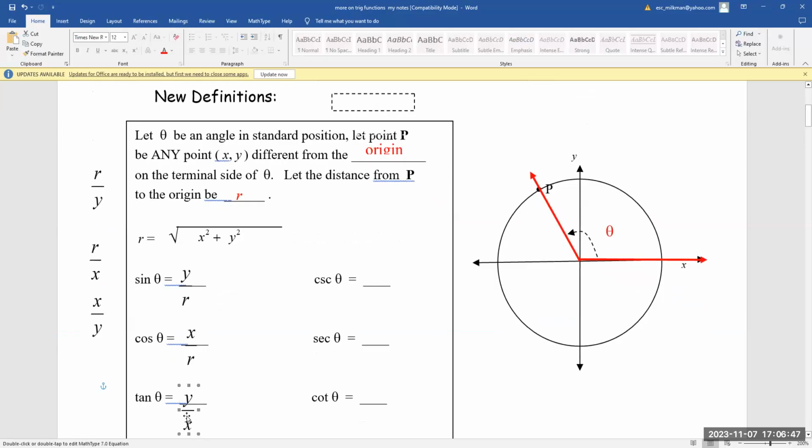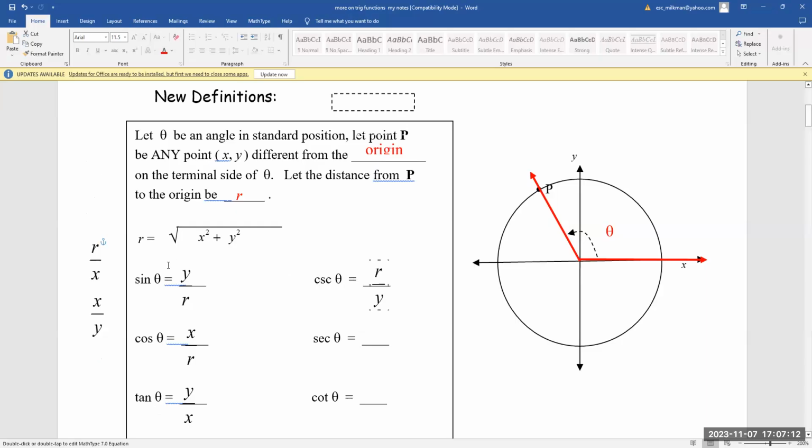Again, these were the same definitions I gave you when we originally defined our trig ratios. But then I went in and said, you know what, we'll look at sine as SOHCAHTOA, opposite over hypotenuse, cosine as adjacent over hypotenuse, and tangent as opposite over adjacent, because we were in a right triangle. The cosecant is still going to be the reciprocal of the sine.